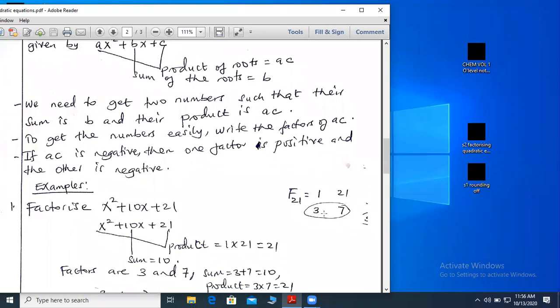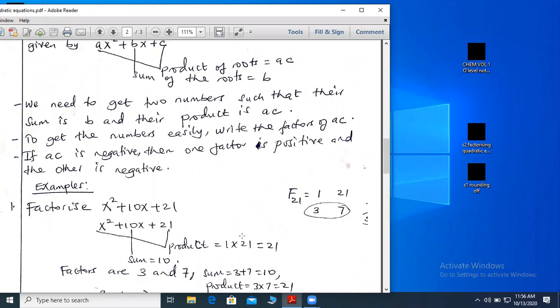Then the second factor is 3, and 3 goes with 7. So in these two pairs, either 1 and 21 or 3 and 7, we need the one with sum 10 and product 21. So those are going to be the factors.